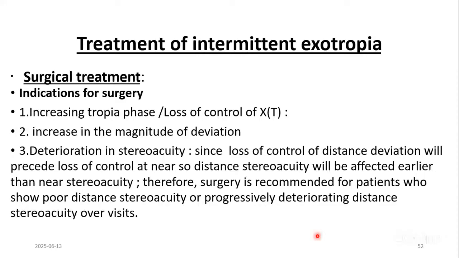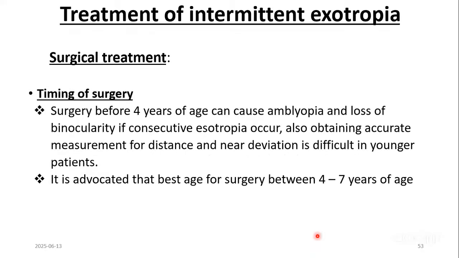Okay. So as you mentioned, poor control and all that will help you in deciding that this patient needs surgery. But usually in those patients, we do not recommend surgery before the age of 4 years. Why?